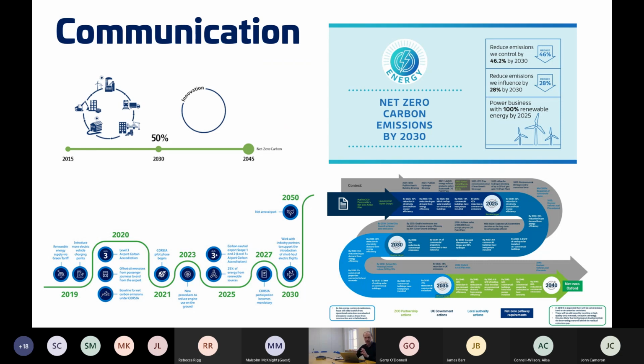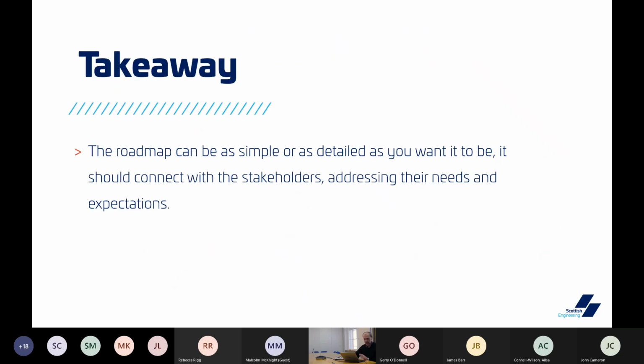Who are you going to communicate to, and why are you communicating, and what is the emphasis? Is it on the reduction? Is it on supporting the communities? Is it on your stakeholders, on your customers? So who are you communicating with? So the takeaway from the documentation, from the roadmap summary, is that this communication can be as simple or as detailed as you want it to be, but it needs to connect with the stakeholders.